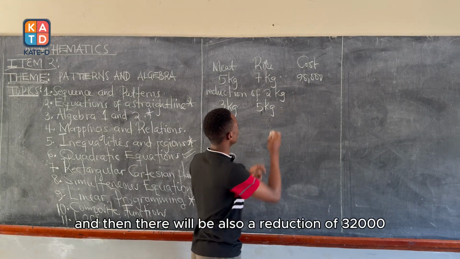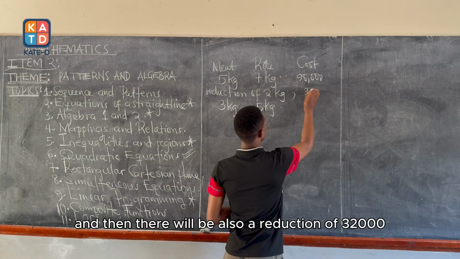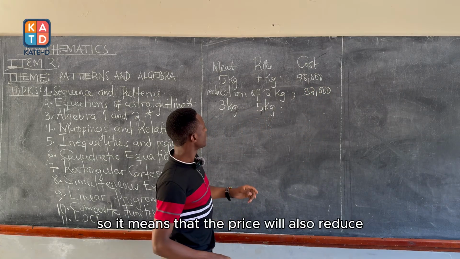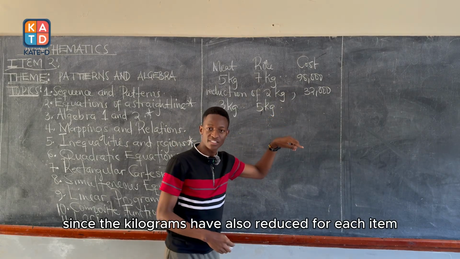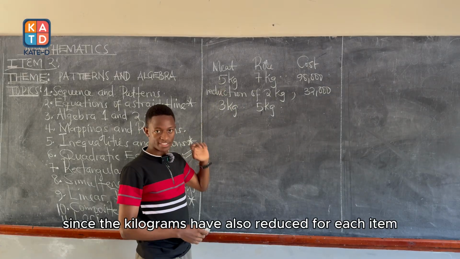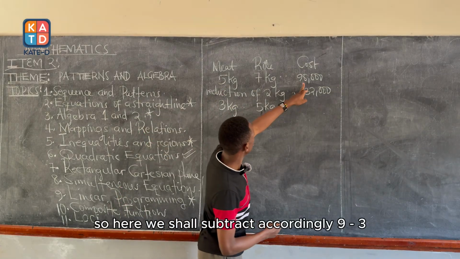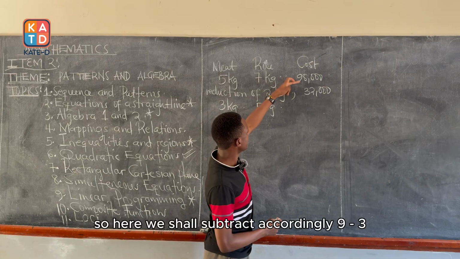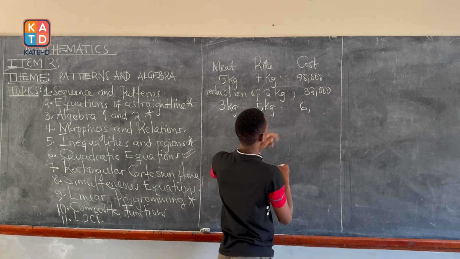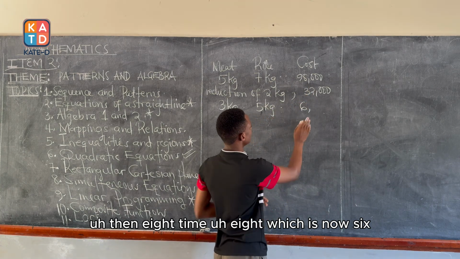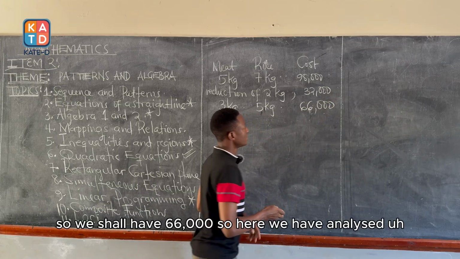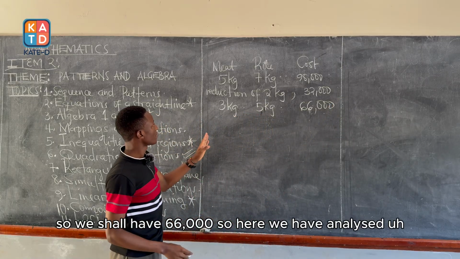And then there will also be a reduction of 32,000 shillings. So it means that the price will also reduce since the kilograms have also reduced for each item. So here we shall subtract accordingly. 98,000 minus 32,000, we shall have 66,000.